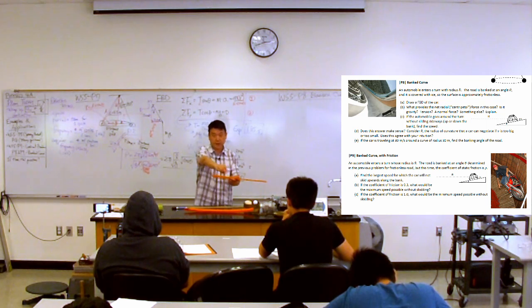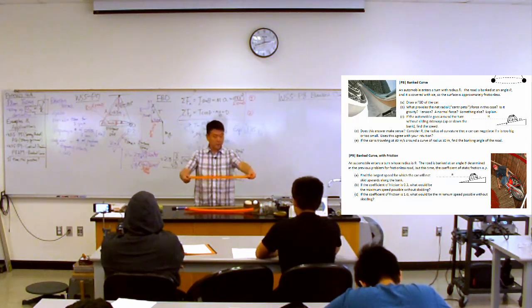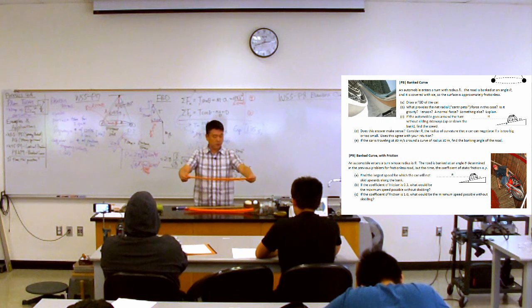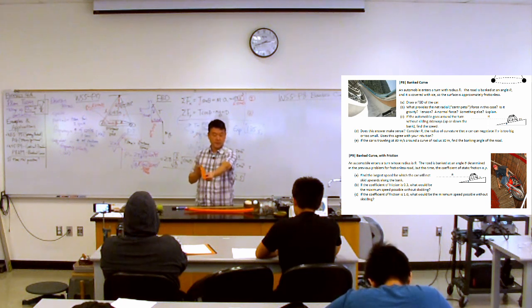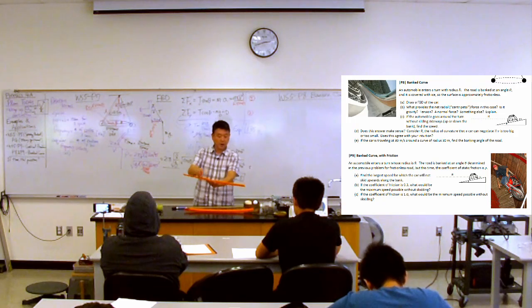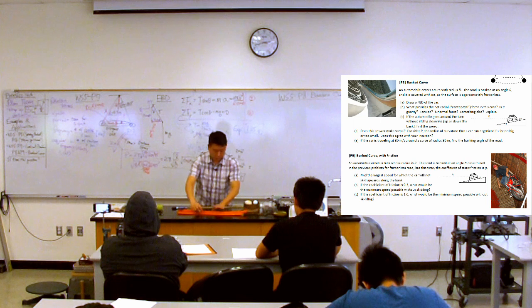It'll just slide off the road, right? So to help the car turn, in addition to making this turn, it'll be banked. It'll be slightly angled so that it helps the car make the turn.